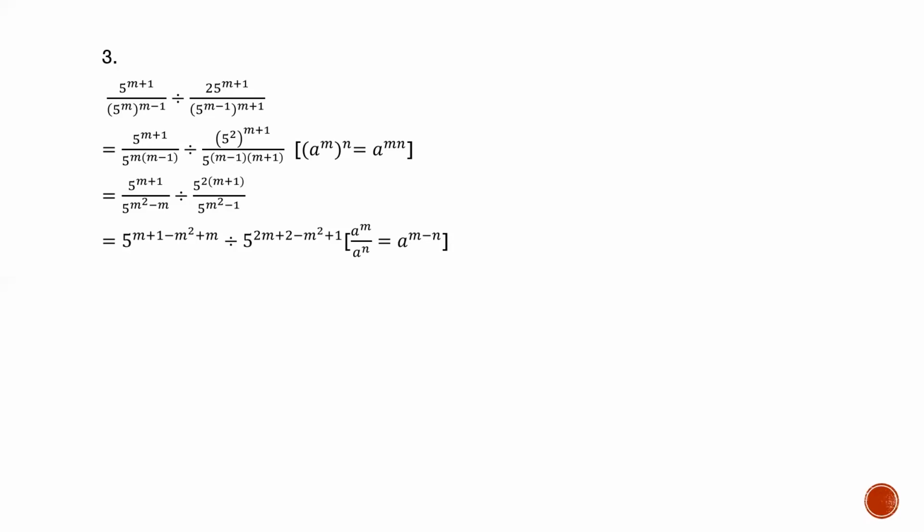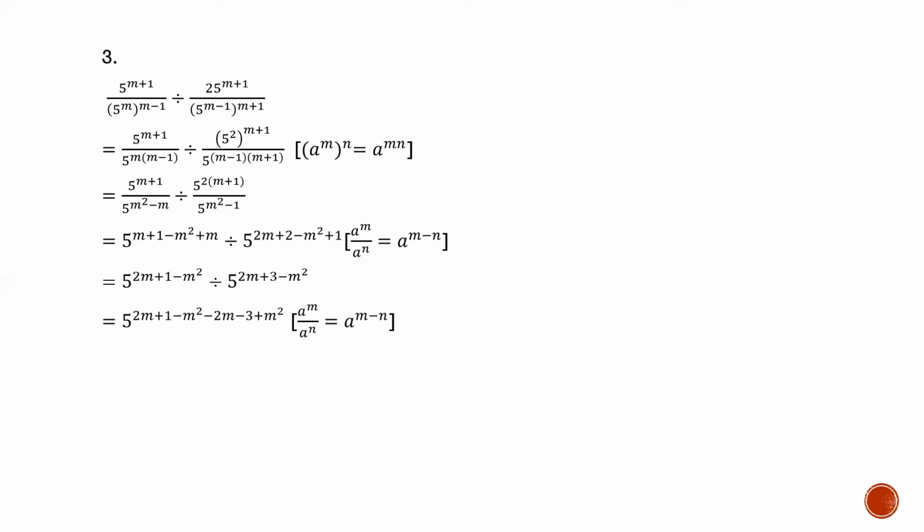So applying the formula of a to the power m divided by a to the power n equals a to the power m minus n, we have 5 to the power m plus 1 minus m squared plus m divided by 5 to the power 2m plus 2 minus m squared plus 1. Now doing the simplification, 5 to the power 2m plus 1 minus m squared divided by 5 to the power 2m plus 3 minus m squared.